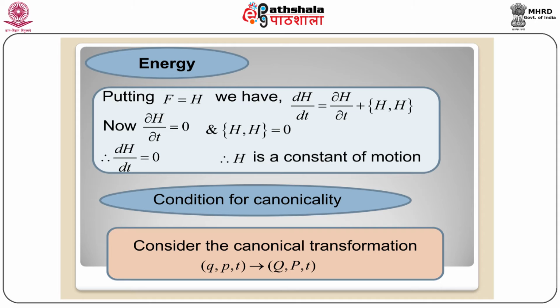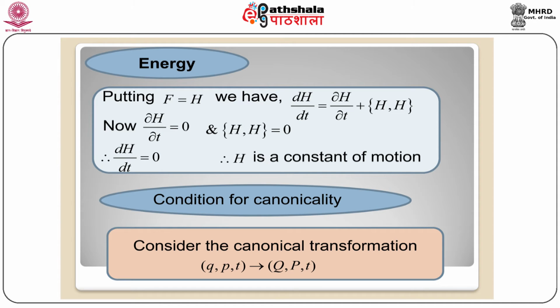Now consider energy. If we set F equal to the Hamiltonian H, then we have dH/dt equal to the first order partial derivative of H with respect to time t plus the Poisson bracket of the Hamiltonian with itself. If H does not depend on time t explicitly, then the partial derivative of H with respect to t equals 0.